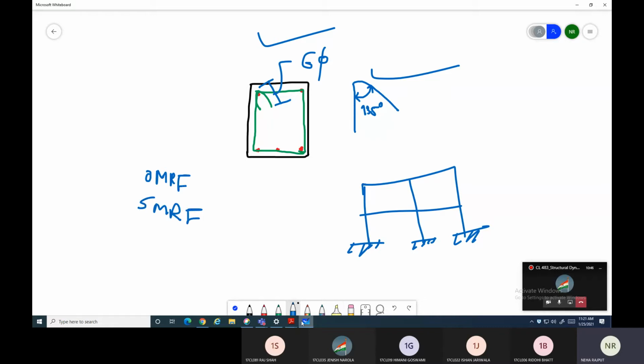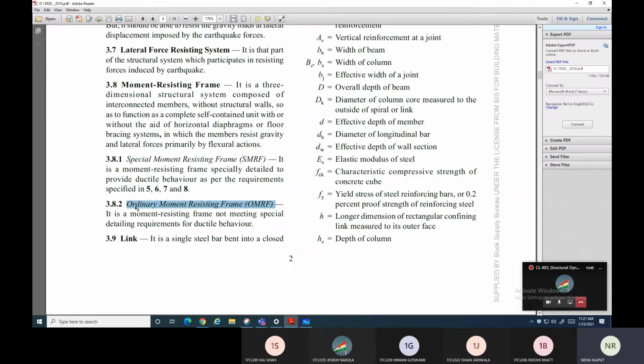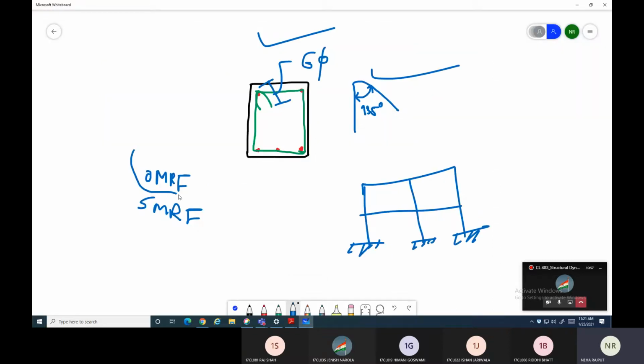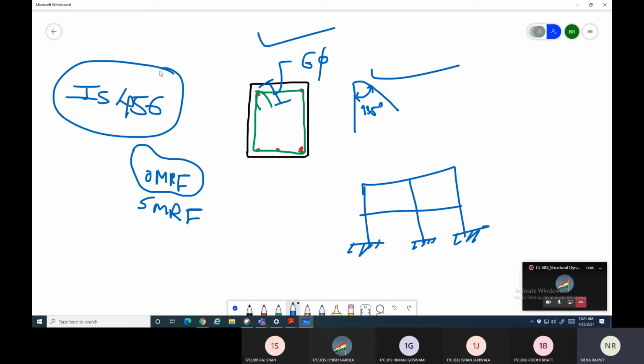In ordinary moment resisting frame, it is a moment resisting frame not meeting special detailing requirements for ductile behavior. Means in the ordinary moment resisting frame, only design by IS 456 is applicable.